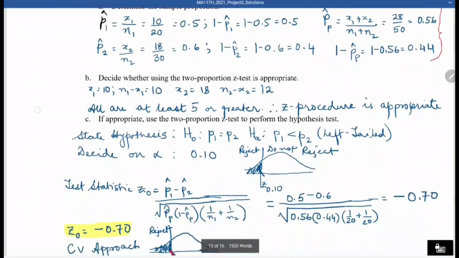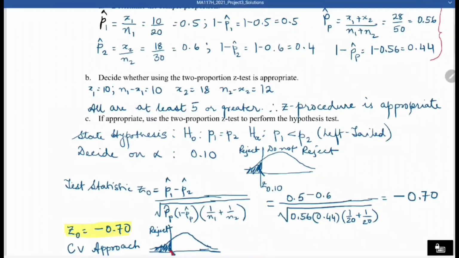We start with our hypothesis test steps. First, state your hypothesis. When comparing means or proportions, the null hypothesis is always going to say that the two proportions are equal. Again, do not put a hat on the p's when stating your null and alternate hypothesis. So null hypothesis, H sub 0 colon p sub 1 equals p sub 2.